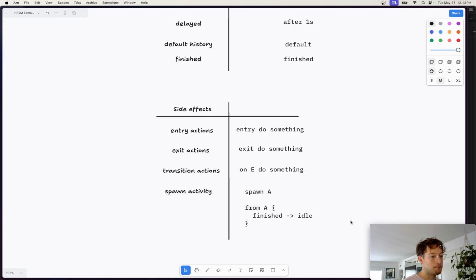From a syntactic standpoint, you can say from activity A, if it says it's finished, then we're going to do something. You could also say on event E, do something, right? So that's an event sent from activity A.